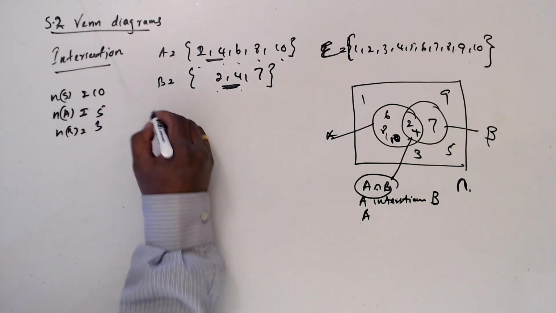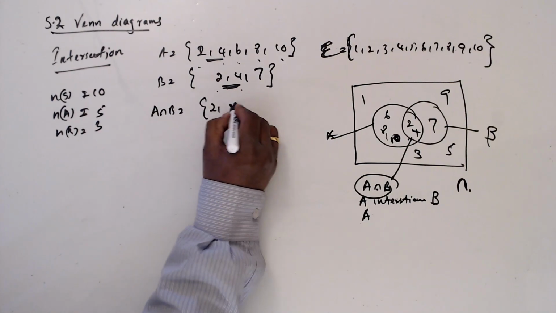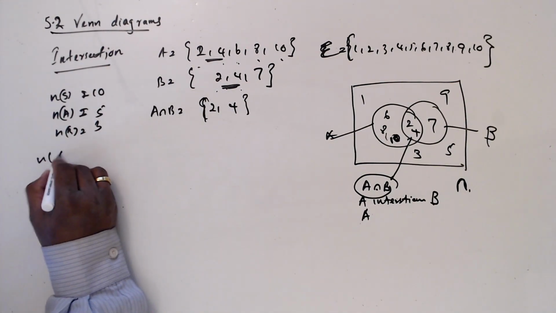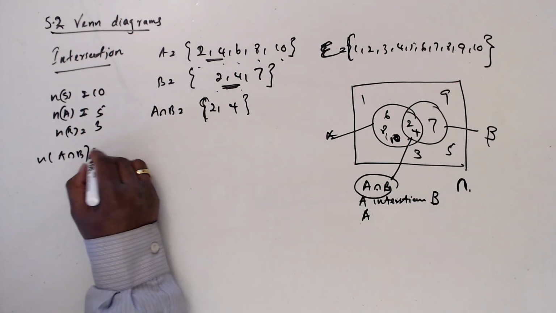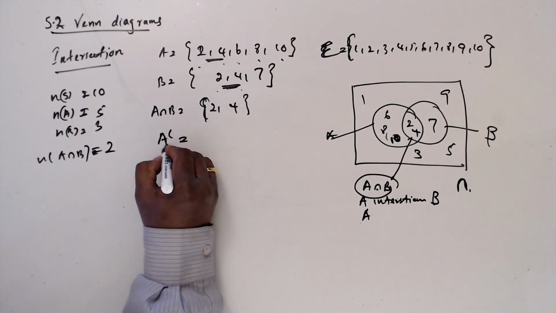Now, what are the elements of A intersection B? 2 and 4. What is n(A intersection B)? That is 2. There are 2 elements. What is A complement?